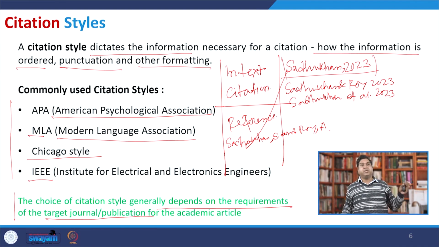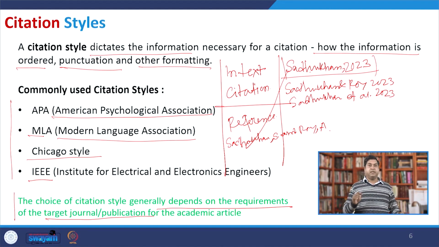And whenever you do it manually, say for example I want to change the style from APA to IEEE, for each of them I have to refer one by one. Even if Sadhukhan et al. is denoted by 1, and maybe it is cited in the first paragraph of your introduction section, or the second paragraph of your research methodology section, the number will remain 1 only.